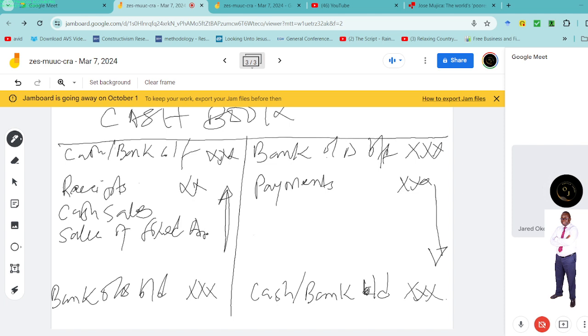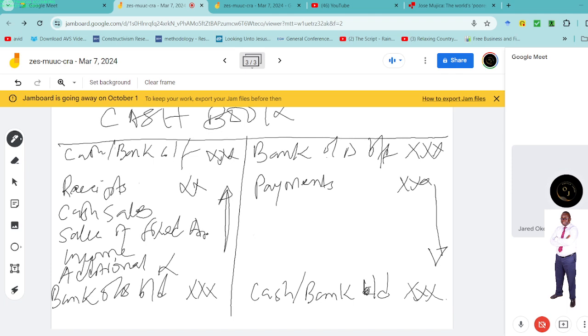And then we have other income, if there is any. So probably income from rent, income from loans or some other things. We can even have additional capital. If there's additional capital that has been introduced by the owner, it will always be there.